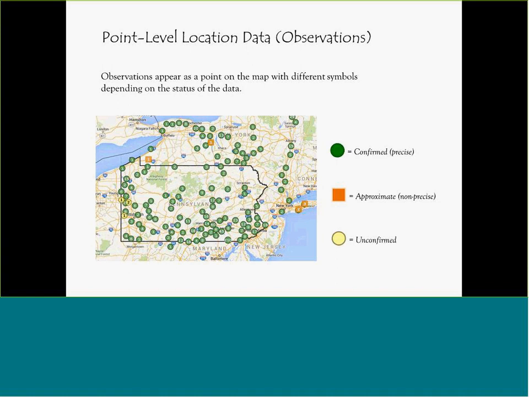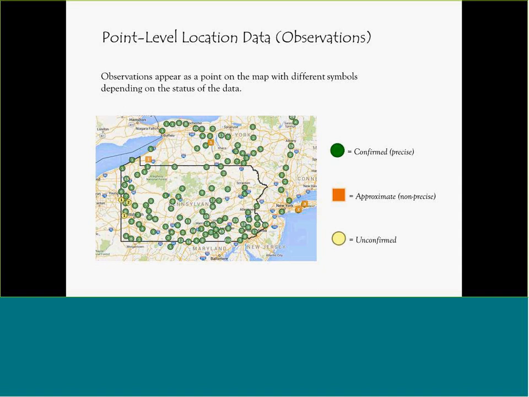The approximate information, those orange squares, is also data that's been confirmed or approved by the administrator because it's been looked over and the species identity is correct. The only difference is that the approximate information doesn't have a precise location. For example, the orange squares you see there, I think several are in New York, could be found somewhere within that county, a particular water body, or a municipality.